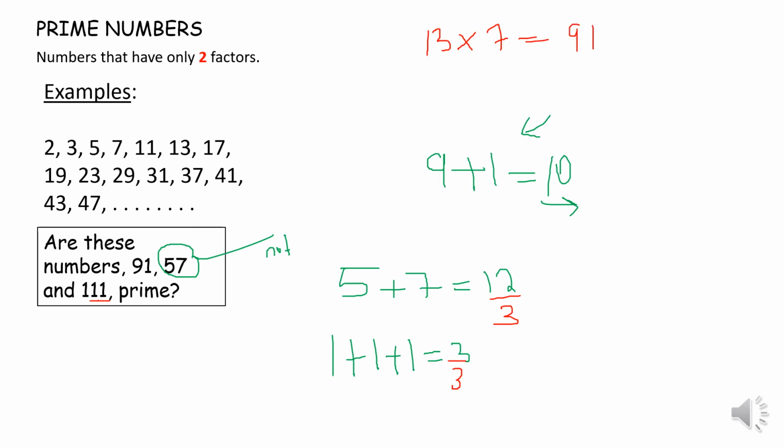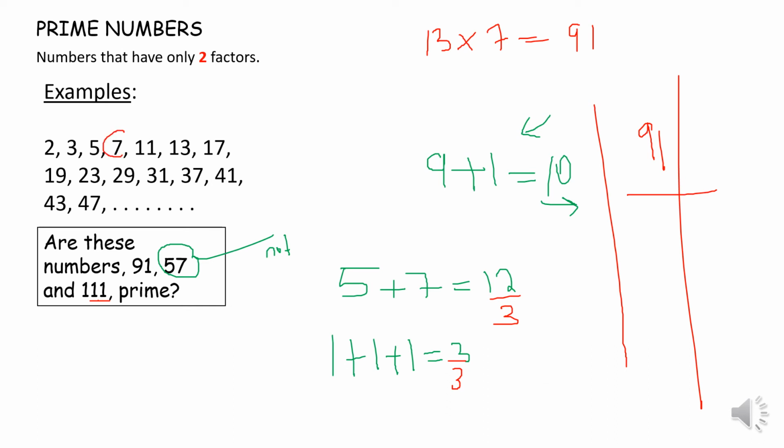What you do is take 91 and start with the first prime number. In this particular case, the 2 would not go in there, the 3 would not go in there, the 5 would not go in there without leaving a remainder. So I will be using the 7. You list the numbers here and ask yourself how many times the 7 goes there. Obviously the 7 goes there 13 times, and then 13 goes here once.